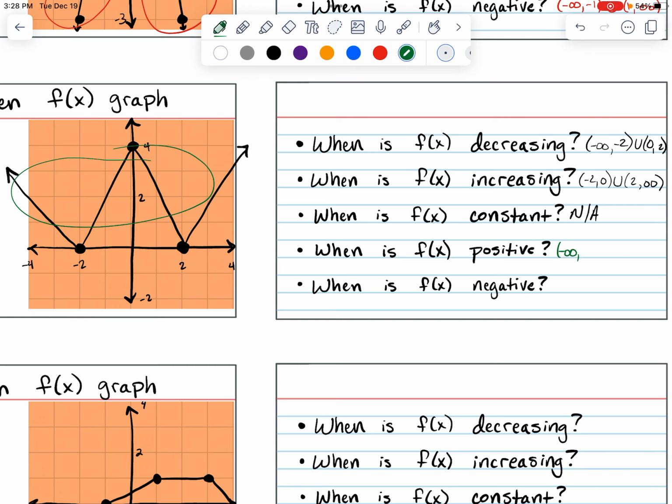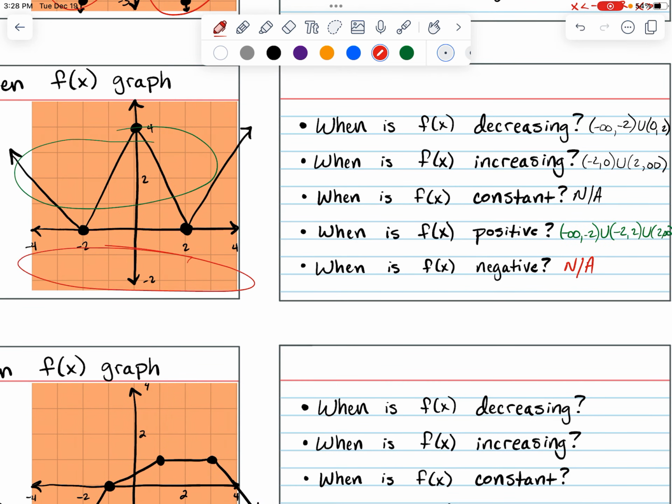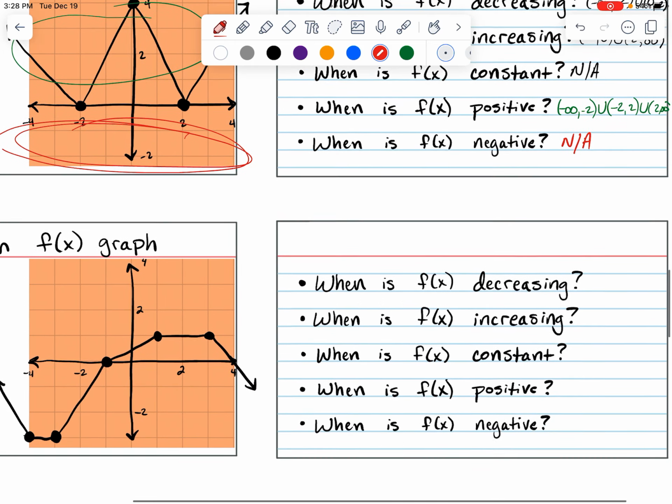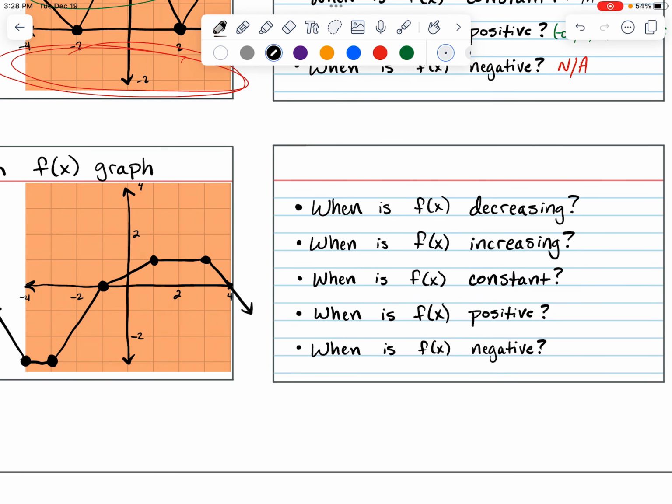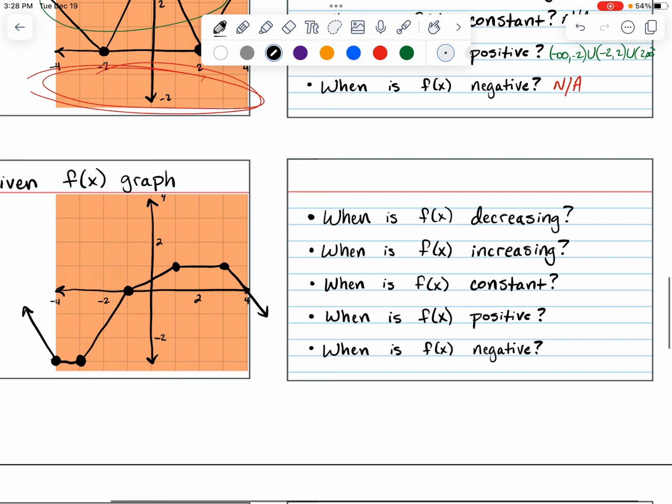So f of x is positive from -infinity to -2, and then from -2 to 2, and then from 2 to infinity. Also, when is f of x negative? There are not any points when f of x is negative, because there are no points on the graph that are below the x-axis. Let's look at our last example.